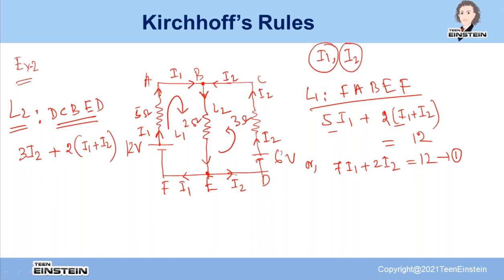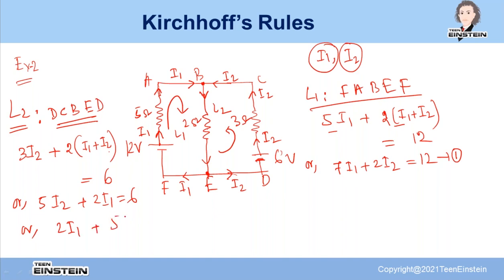So if you do a little bit of simplification here, this I2 is 2, so you will get 5 I2 plus 2 I1 is equal to 6. Or you can write 2 I1 plus 5 I2 is equal to 6. This is equation 2. So if you solve these two equations, then you will be able to find out the values of the currents I1 and I2.